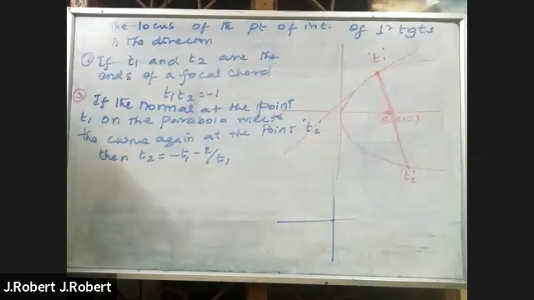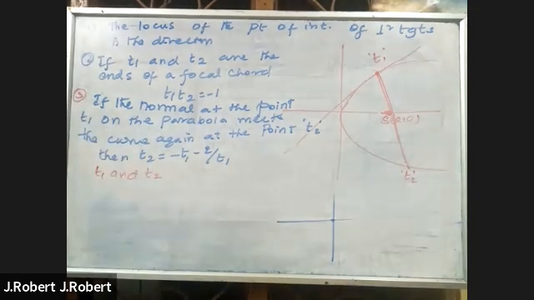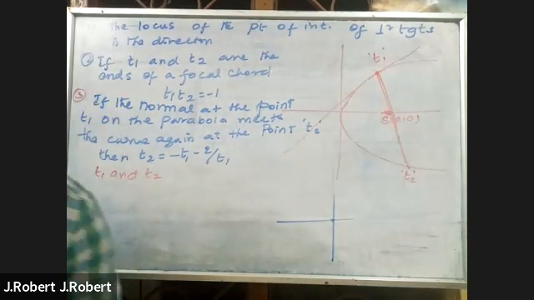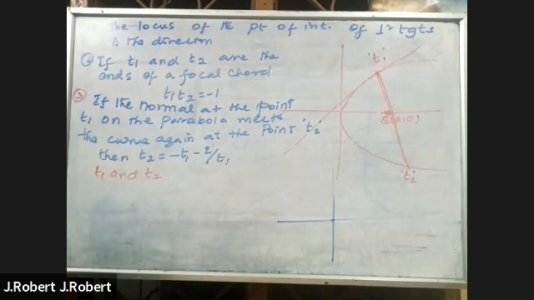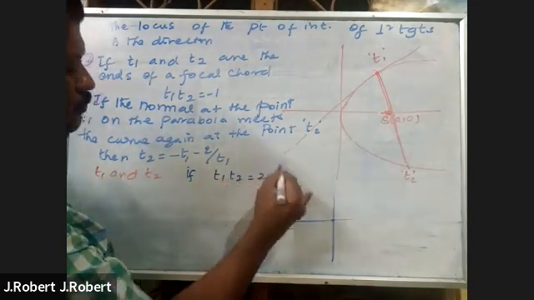Next, the normals at the points T1 and T2 on the parabola will intersect on the parabola if T1 T2 is equal to 2.